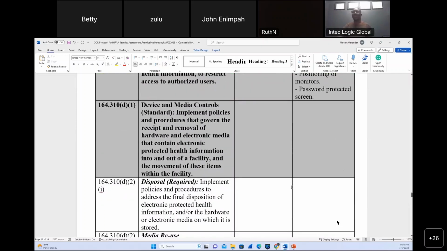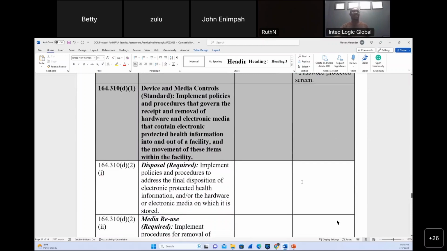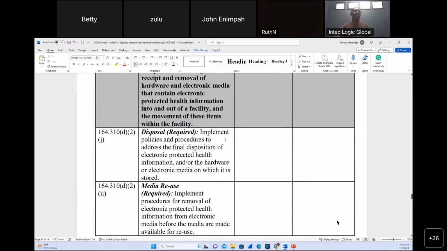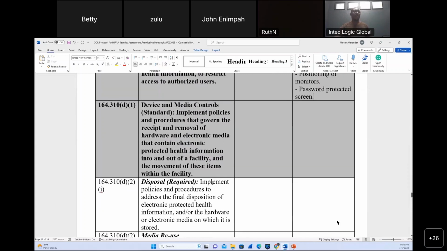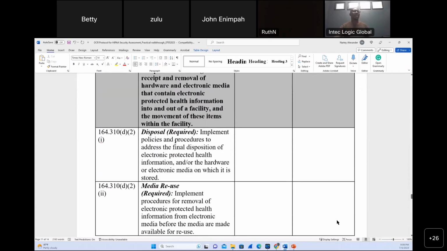Device and media is a big one. So here we have disposal. Implement policies. Under this, we have requirements: implement policies and procedures to address the final disposition of electronic protected health information and/or the hardware or electronic media on which it is stored.